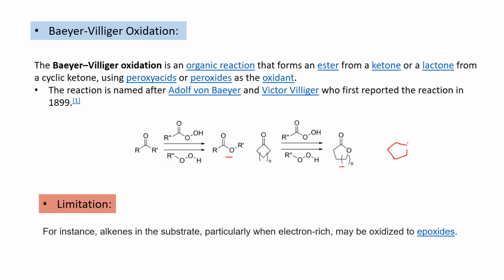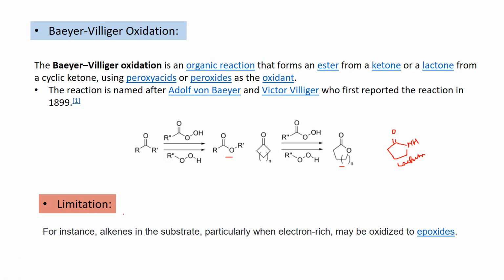When there is NH, it will be a lactam. If there is any mention of lactam, lactam means cyclic amide, and lactone means cyclic ester.